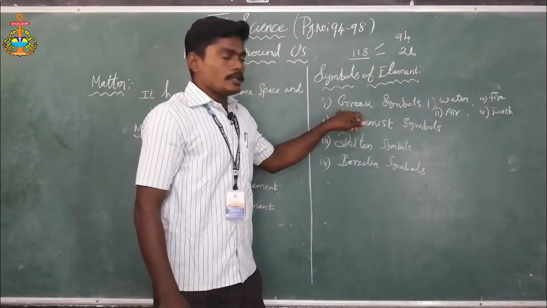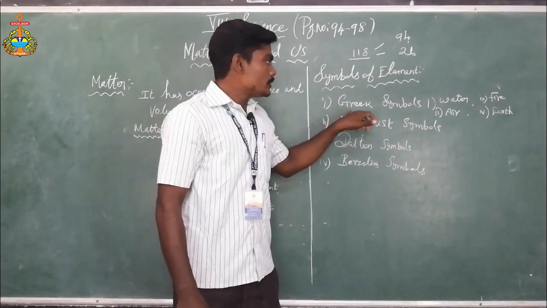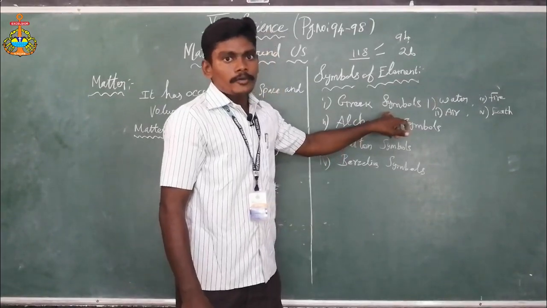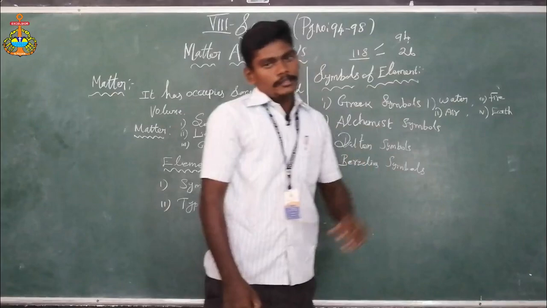The Greek symbol comes from the ancient method, where the Greek symbol represents the four elements: water, air, fire and earth.